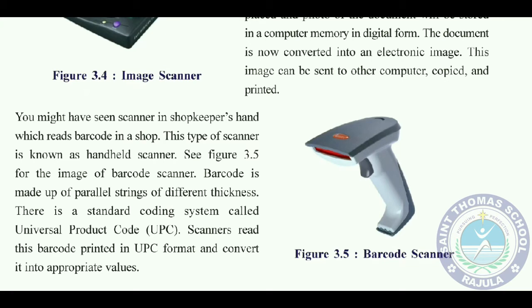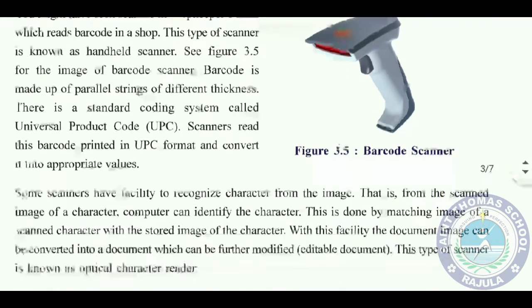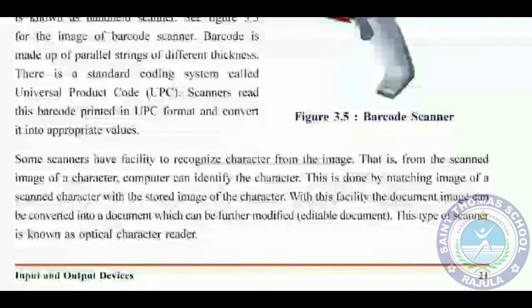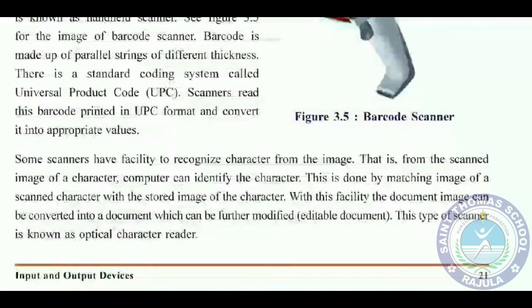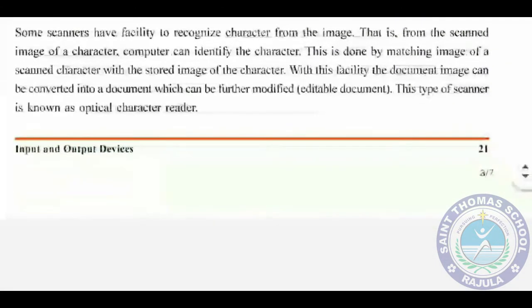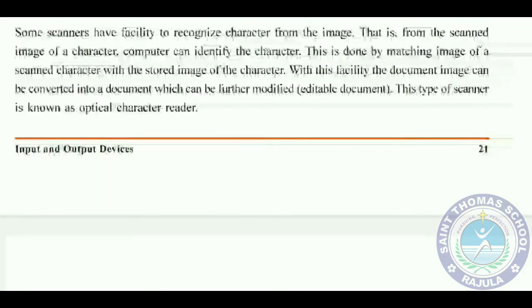This is about the second type. The first is the image scanner, and this one is the barcode scanner. Now the third type of scanner is the optical character reader. In the optical character reader, some scanners have the facility to recognize characters from the image, meaning we can extract characters from the image.